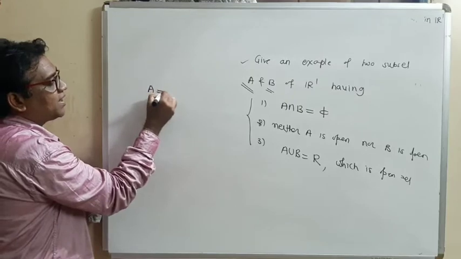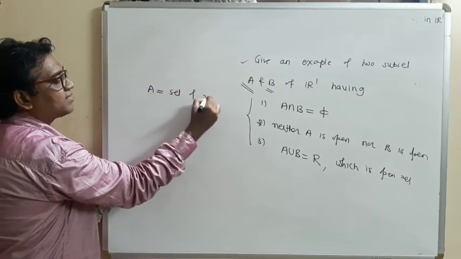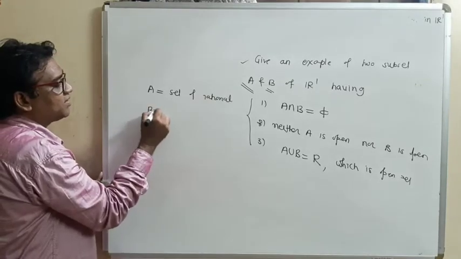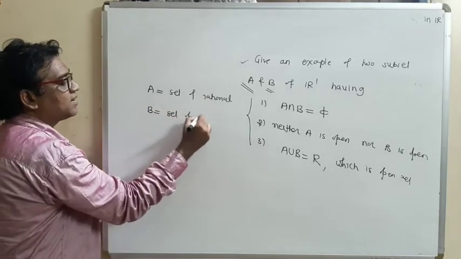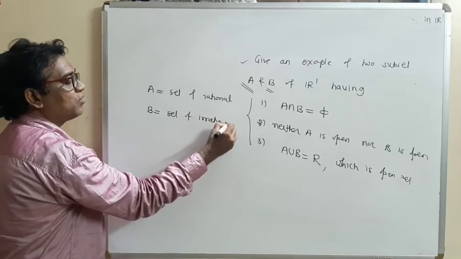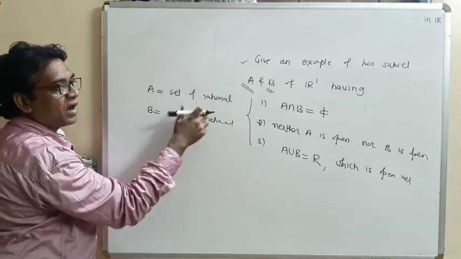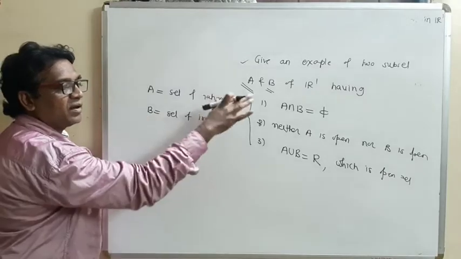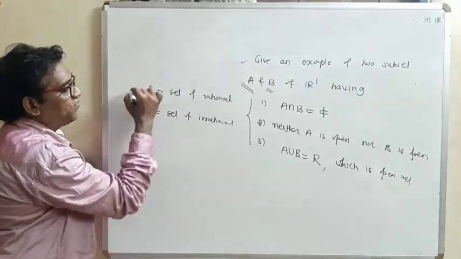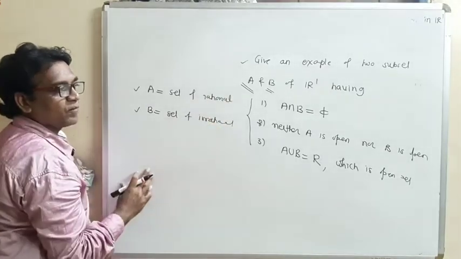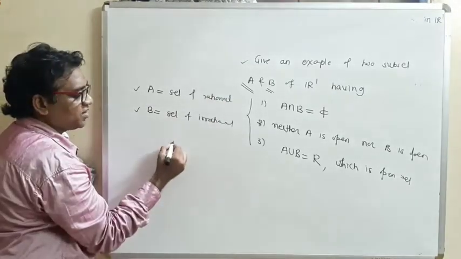Suppose we take set A as the set of rational numbers, and suppose we consider B as the set of irrational numbers, which we have just taken. A is the set of rational numbers, and B is the set of irrational numbers in a real line. So obviously these two sets satisfy these three conditions. What is the first condition?